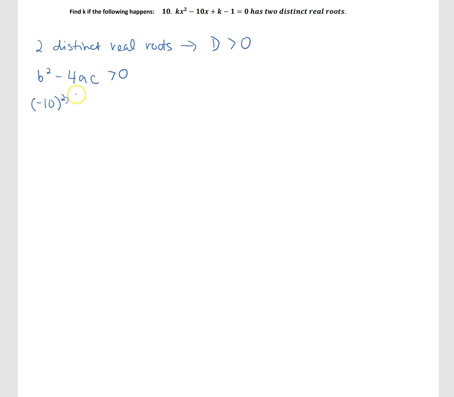And we have negative 10 squared. And a is our coefficient on x squared, so it's k. And c is what we have at the end, so it's k minus 1. And that's all greater than 0.